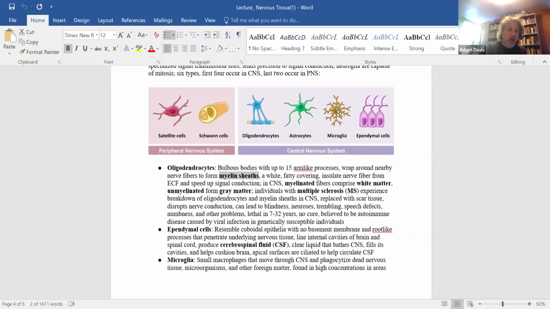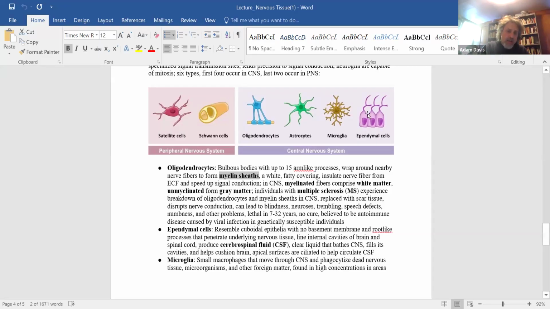They destroy dead cells. They destroy any foreign matter that has gotten into the central nervous system. They're found in high concentrations anywhere there has been an injury, an infection, a stroke, or other forms of brain damage. Actually, after a stroke, we can scan the brain and look at where there have been concentrations of microglia in an effort to find out where the damage from the stroke most took place.